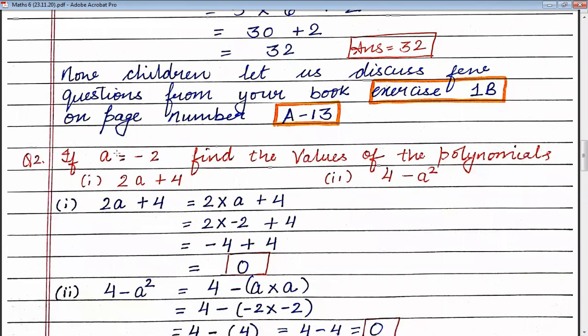if a is equal to -2, find the values of the polynomial or algebraic expressions, that is 2a plus 4 and 4 minus a square. Now children, can you tell me here which one is the variable? Yes, here a is the variable.